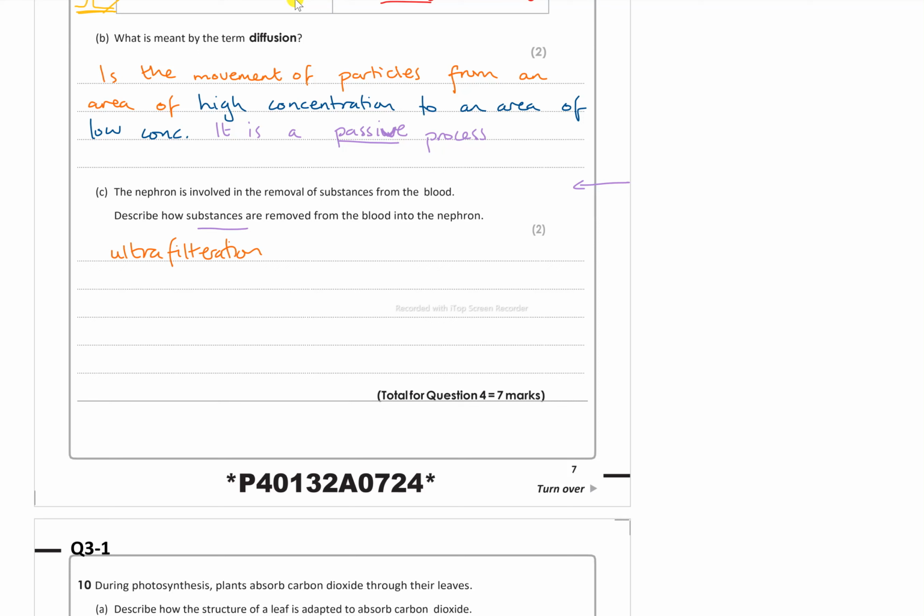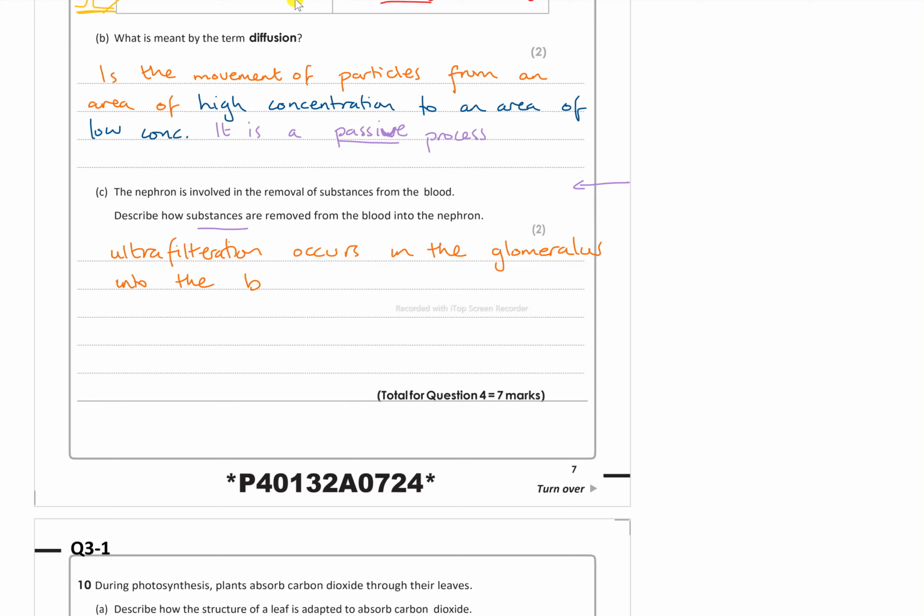Ultrafiltration occurs in the glomerulus, into the Bowman's capsule.